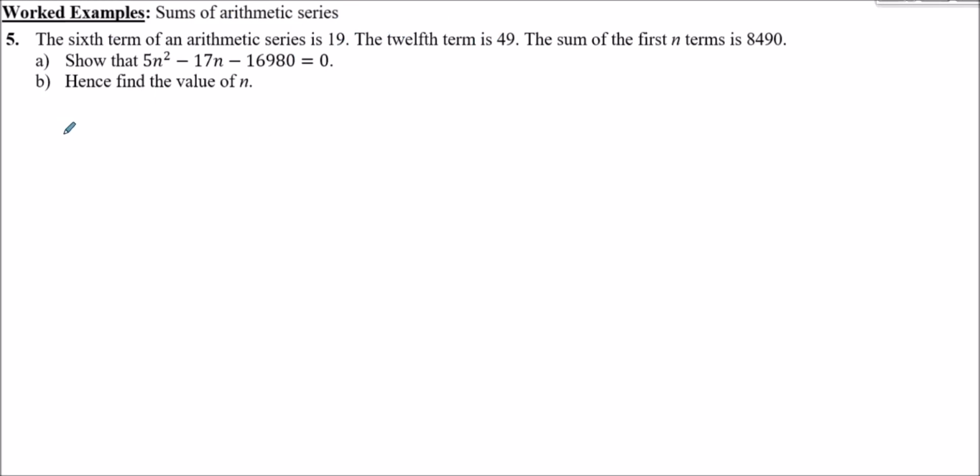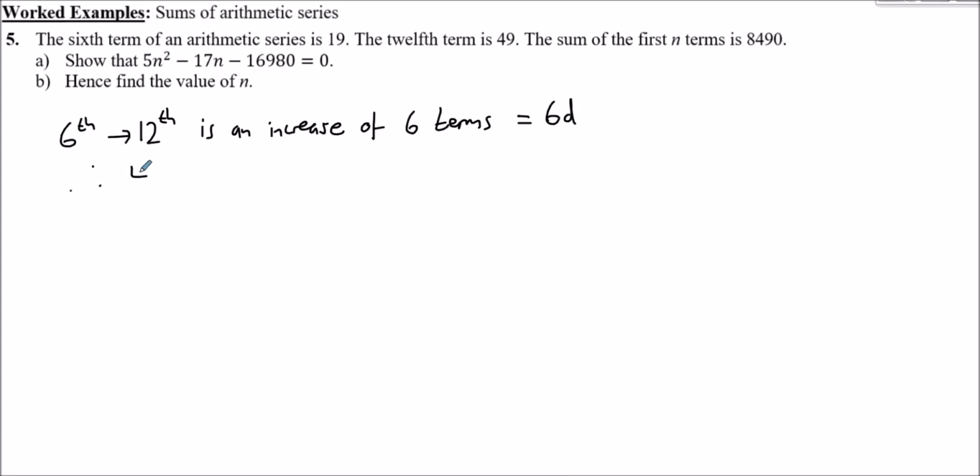From the 12th to the 6th, that's an increase of 6 terms. And if it's increased by 6 terms, then the common difference is d. So the difference will be 6d. So therefore, the difference between the 6th and the 12th, which is 49 minus 19, that's going to equal 6 times the common difference.